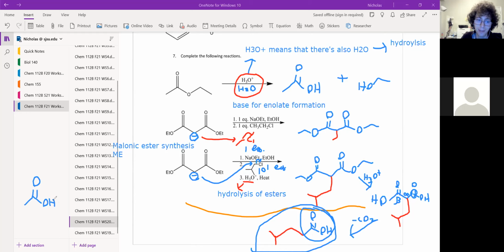By itself, this is acetic acid. It's a common carboxylic acid you might know the name of. And we just formed a substituted acetic acid. We added stuff here to the alpha position. And that's always going to be what the product looks like. It's always going to give a substituted acetic acid.